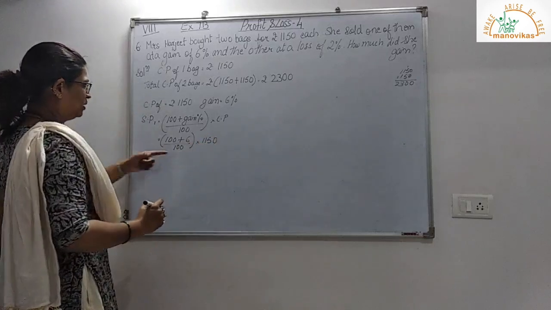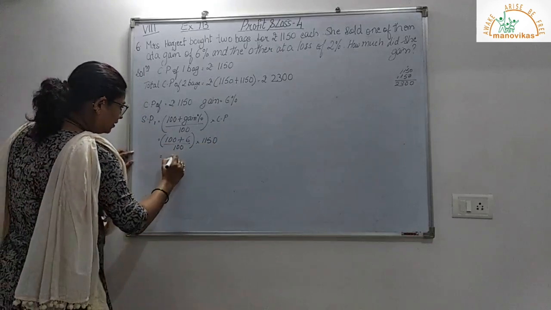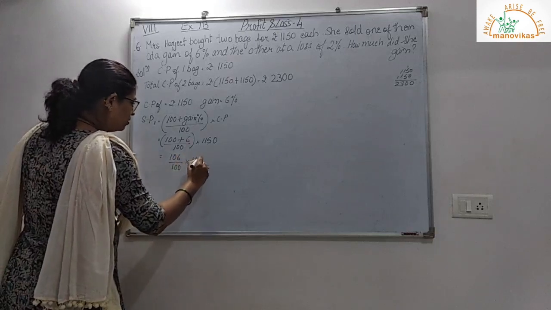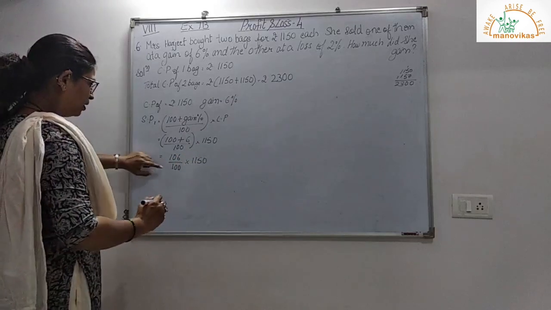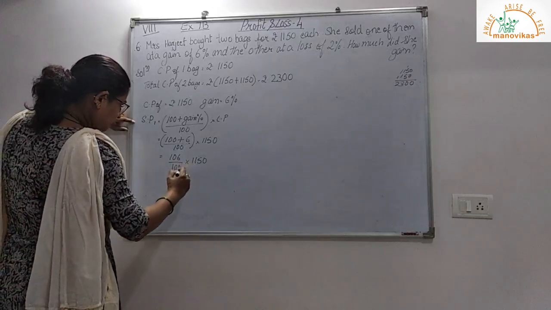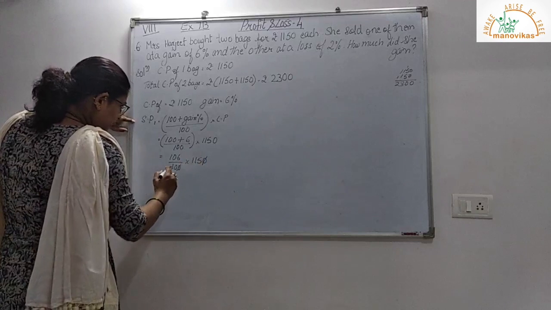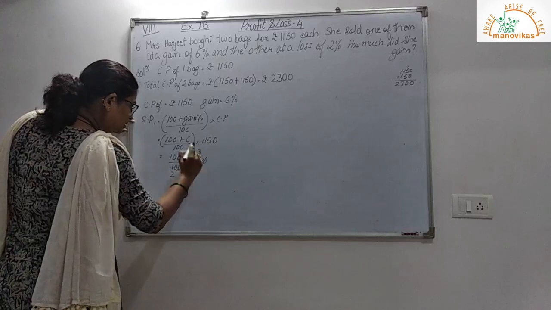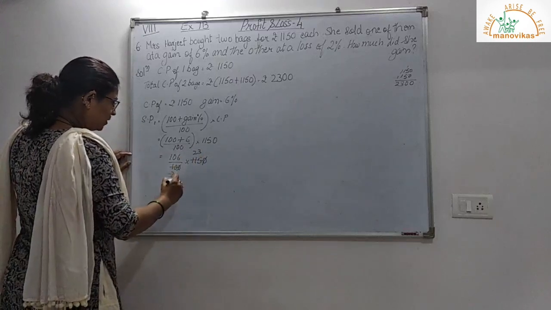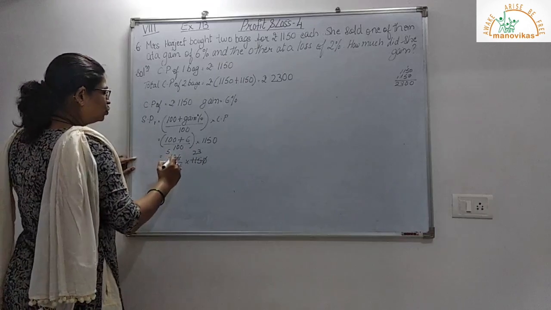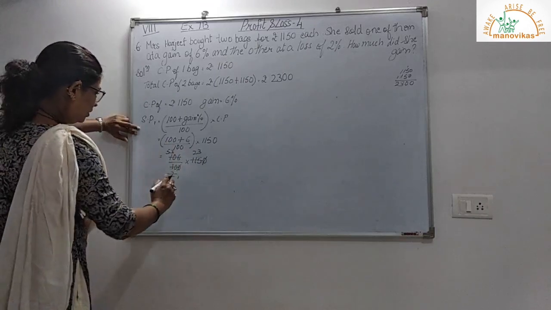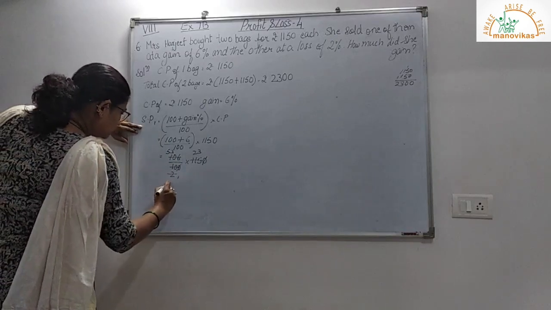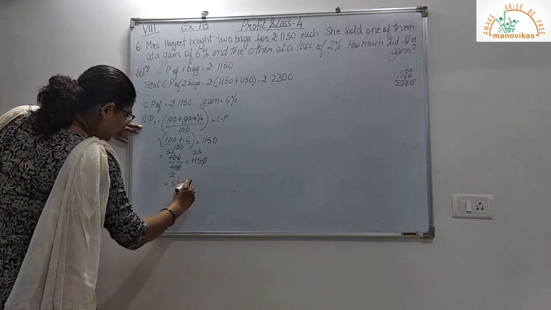So we get 100 plus 6 divided by 100 into 1150, that is 106 divided by 100 into 1150. Now we can cancel out the 0 and 0. Now 5 2s are 10, 2 1s are 2, so we get 53 into 23.